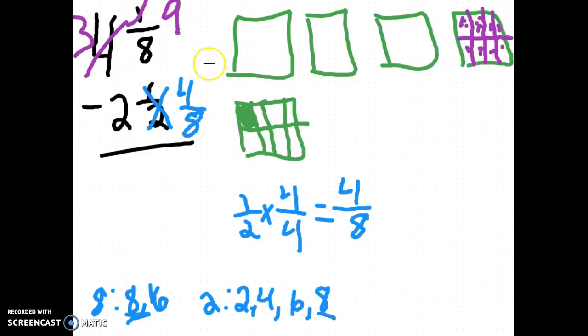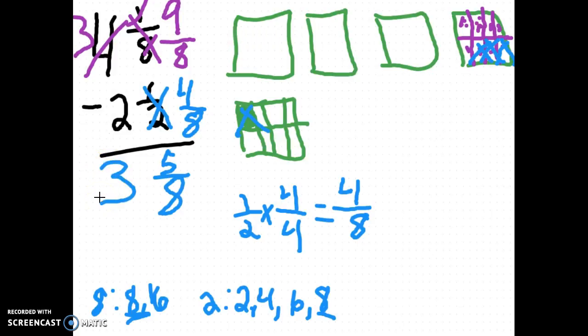So I have 3 and 9/8 minus 2 and 4/8. So now I can take away 4 of my eighths. So I'll take away 1, 2, 3, 4. And what I'm left with is 5 eighths and 3 whole. So my answer is 3 and 5/8.